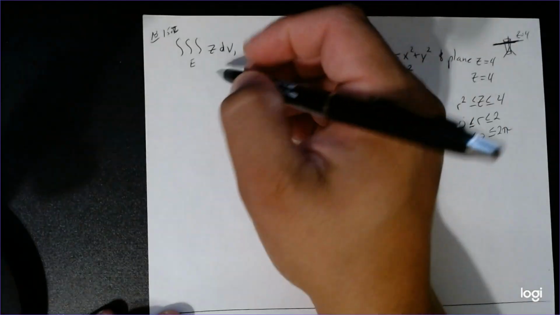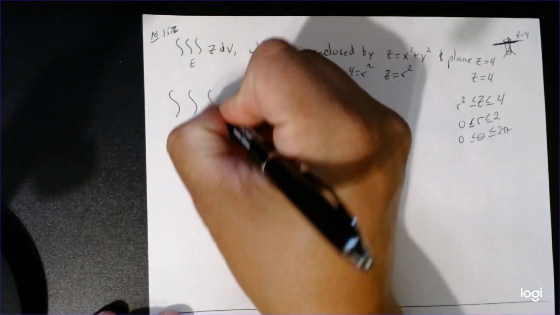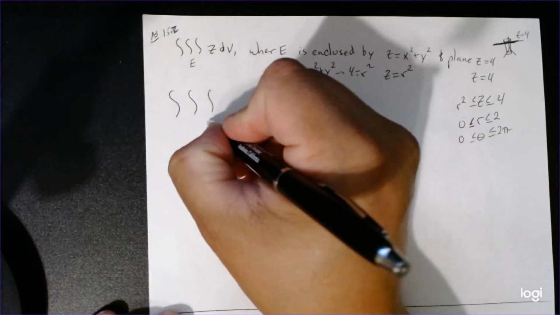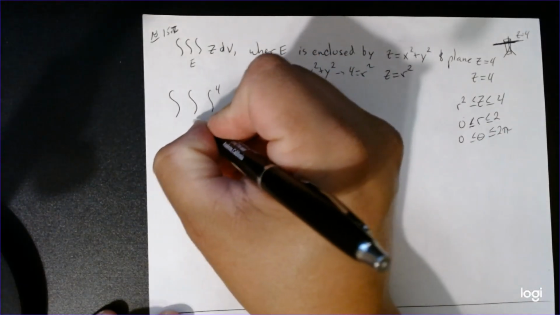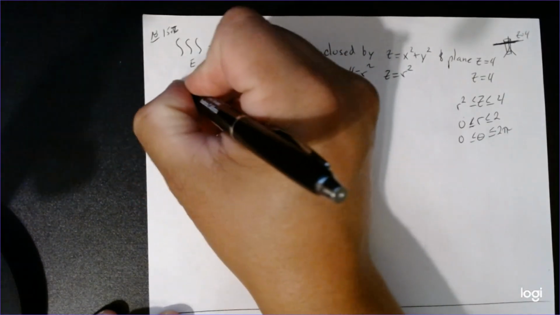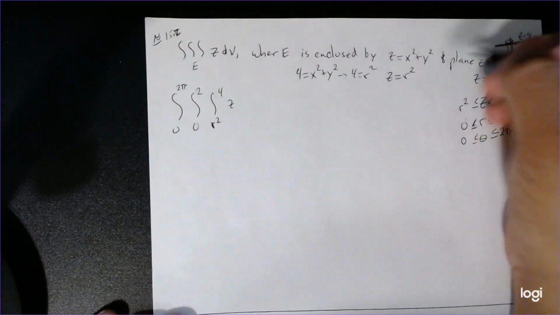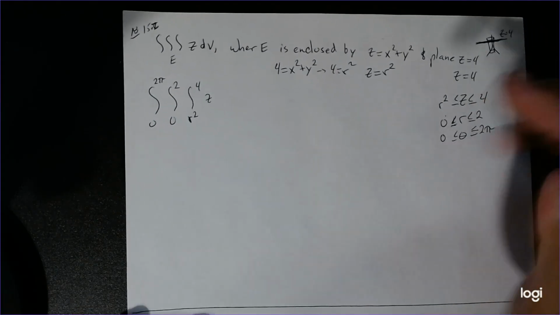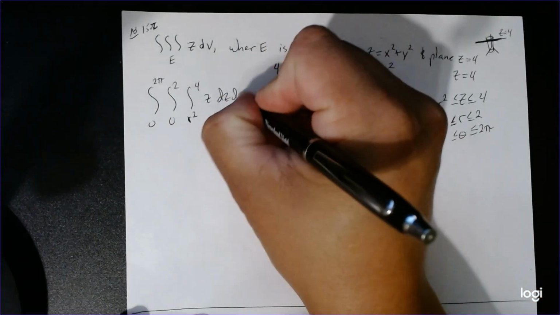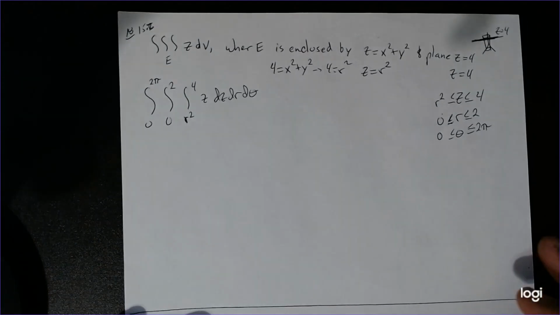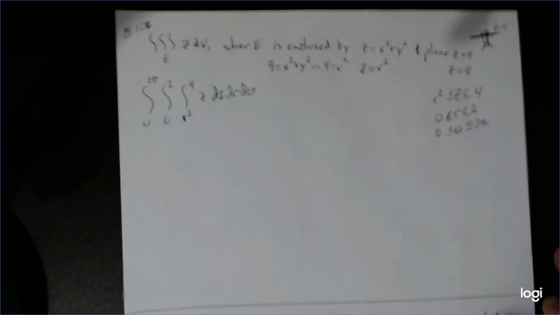All right, so back over here, we have r squared to 4, 0 to 2, and then 0 to 2 pi. And z is itself because we're going just cylindrical. So dz, dr, d theta. All right, so this time we actually have to integrate z.